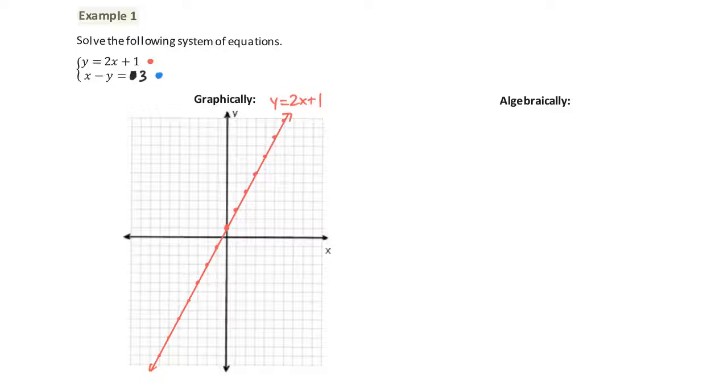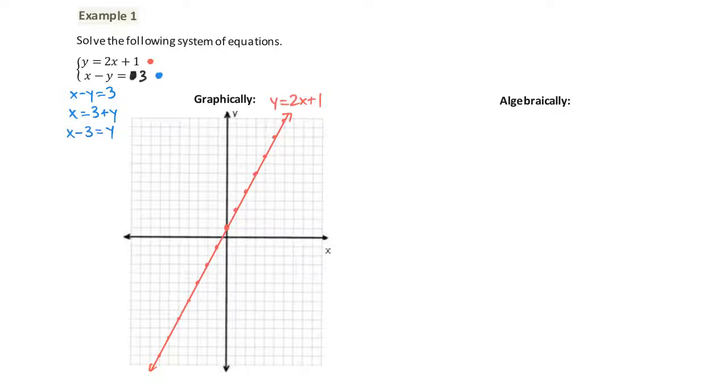Now I notice that this is not in y equals mx plus b form yet. So I'm going to solve this to get y by itself. I've got x minus y equals 3. I'm going to add y to both sides. I'm going to subtract 3 from both sides.